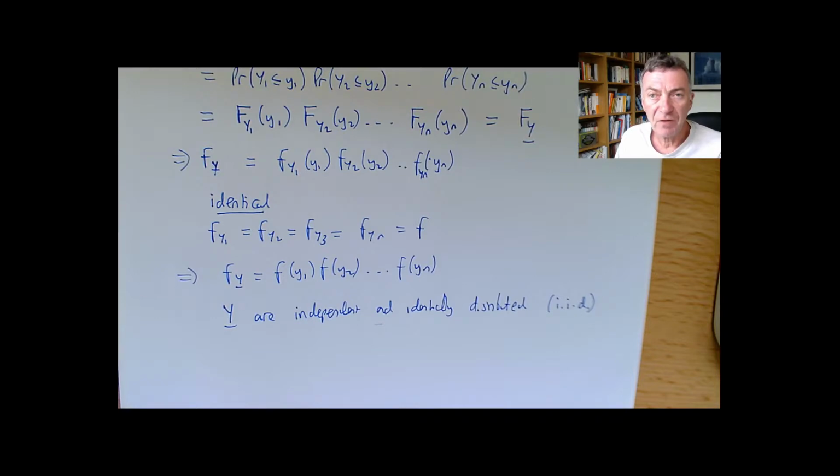There's certain things that will affect your height. For instance, gender or your sex will affect your height. On average, males can be taller than females. So you're not from the same distribution. There's different distributions going on. So independent is probably okay, but identical is not quite right.